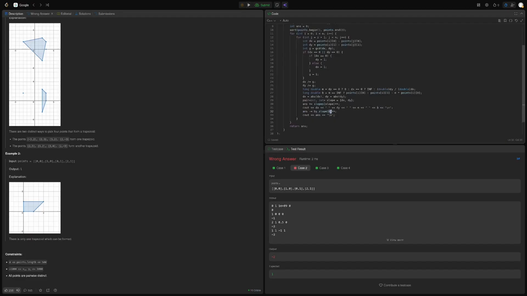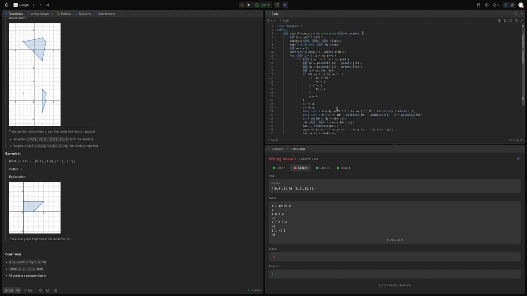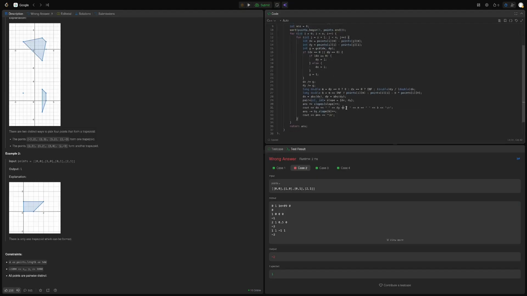So I want to have per slope bucket of... So this is the slope, and then for each of those I also want to have... okay, I understand a bit, but okay, let's do this.